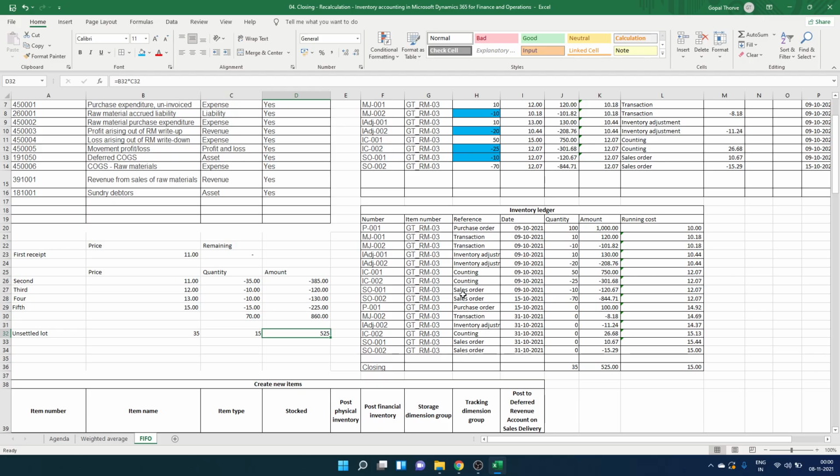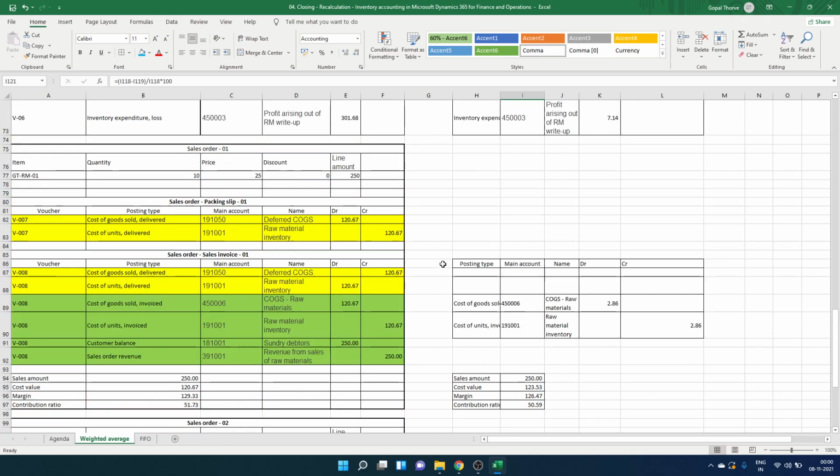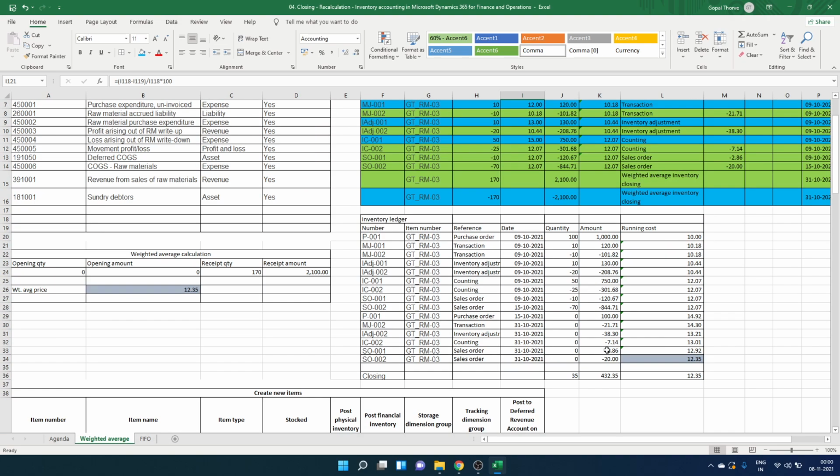In my last video, in weighted average, all the adjustments were posted in negative, where the inventory, while posting the real-time transaction, was credited by a lesser amount. So there everything was negative.